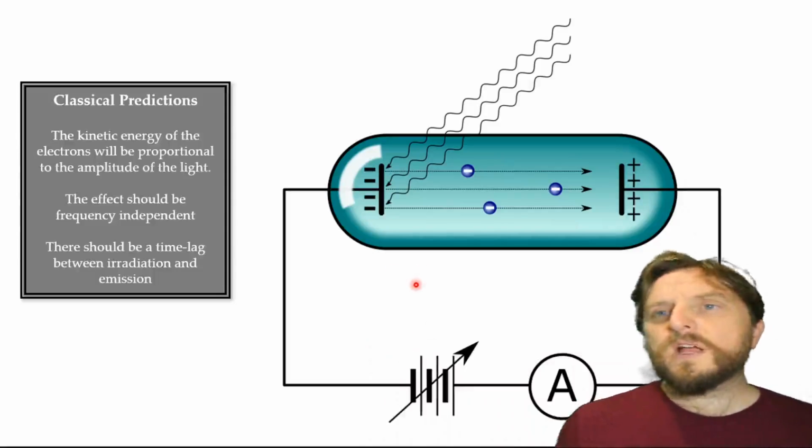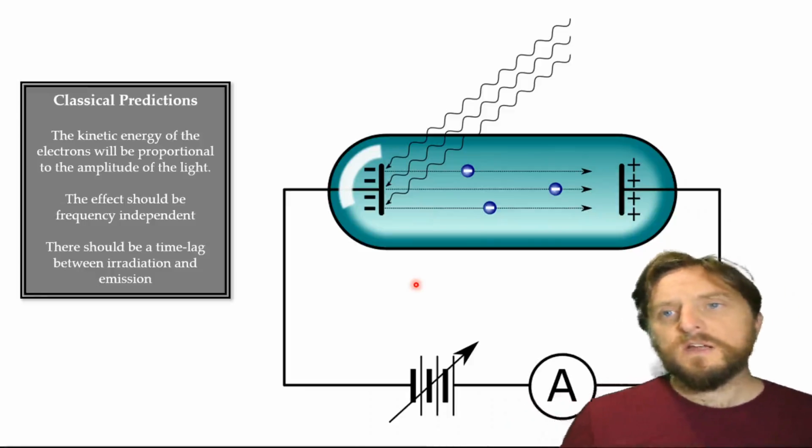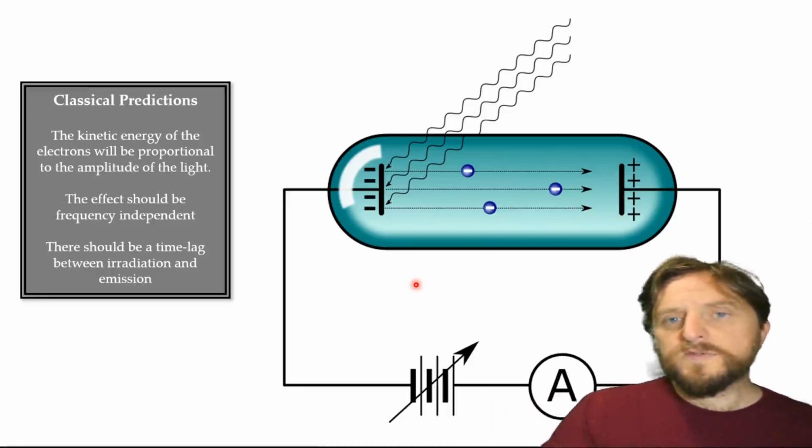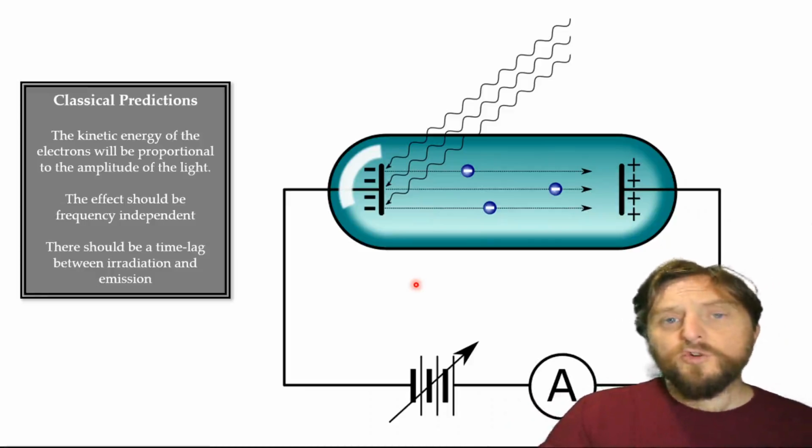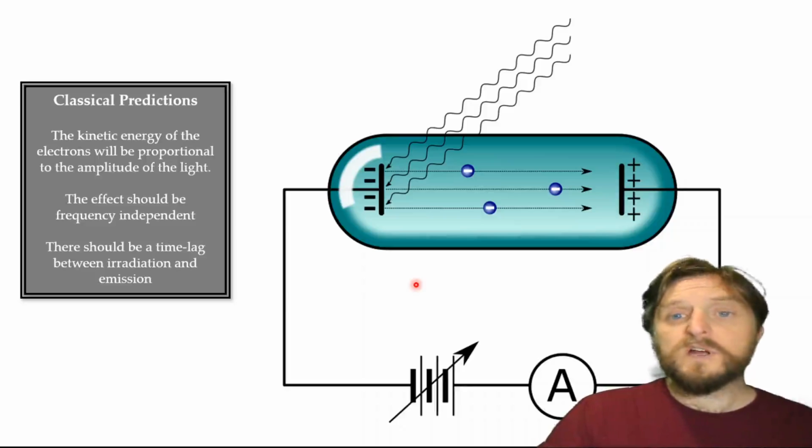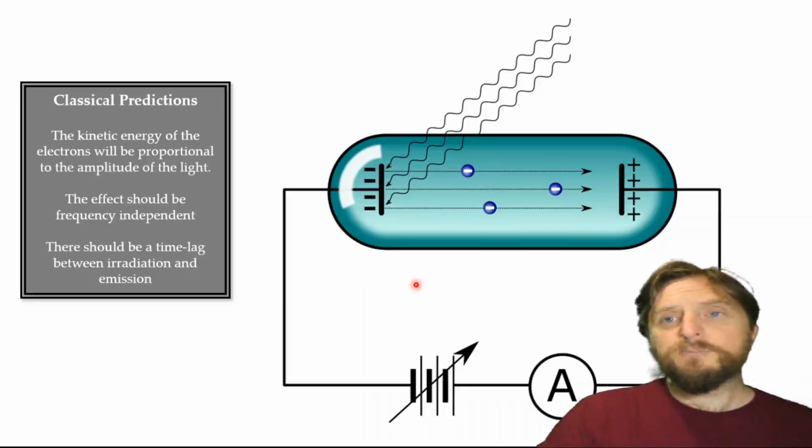Classical physicists, or physicists at the time this experiment was first done, thought of light as an electromagnetic wave, and they thought in terms of a classical idea of a wave. If you think of light like that, then there are three predictions you could make about what should happen here.